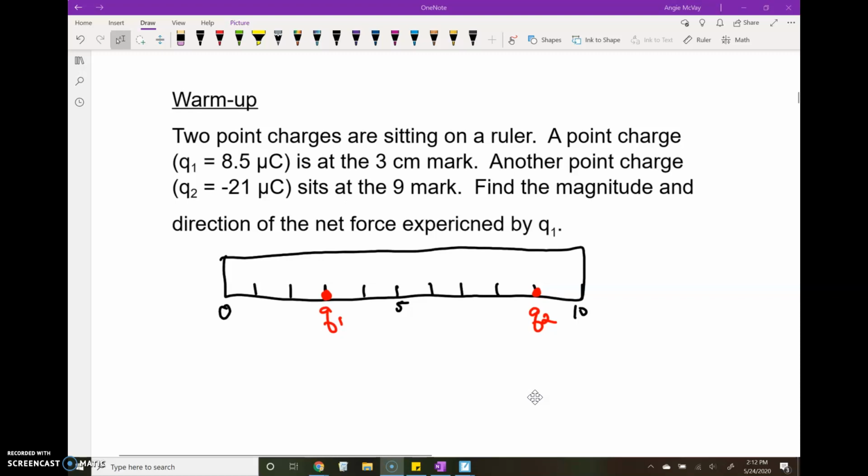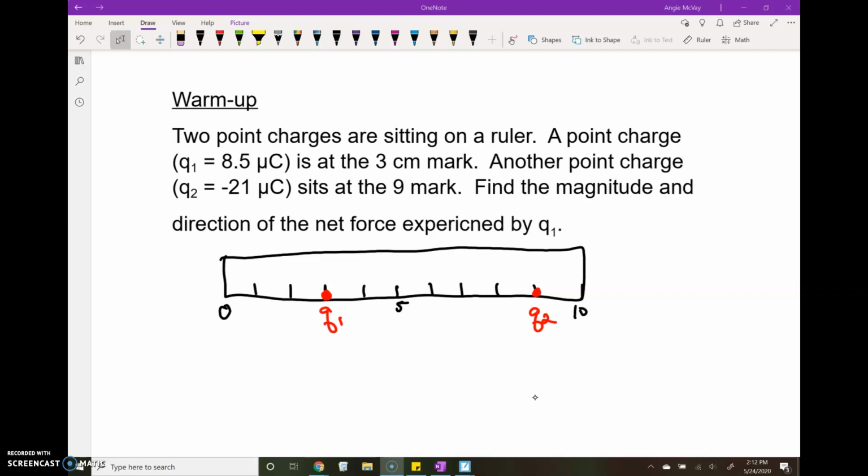All right, so here's a quick warm-up. After I get done reading the question, I will ask you to pause the video and give it a try. I will present a similar problem having to do with electric fields later on in this lesson. So for the warm-up, we've got 2 point charges sitting on a ruler. A point charge, Q1, has 8.5 microcoulombs of charge and is sitting at the 3 centimeter mark right here.